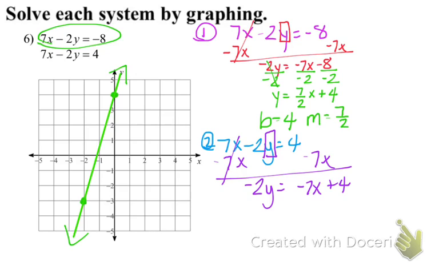And now, again, I need to divide by negative 2. So when I divide by that negative 2, I get y equals 7 halves x minus 2.